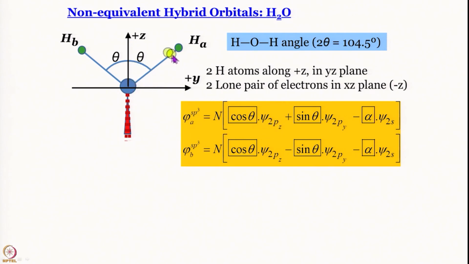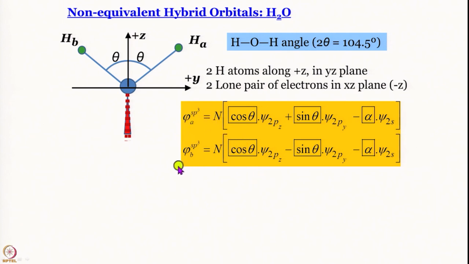The angle between the Z axis and this hybrid orbital is theta. So, the contribution of Pz has to be proportional to cos theta. Then similarly, the angle between the y axis and this orbital is 90 degrees minus theta. So, this coefficient has to be proportional to sin theta, and for psi 2s I do not know what the coefficient is, I will just write minus alpha, and then the whole thing is multiplied by N because you have to normalize the orbital also.